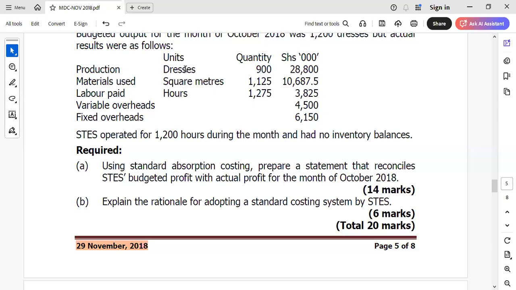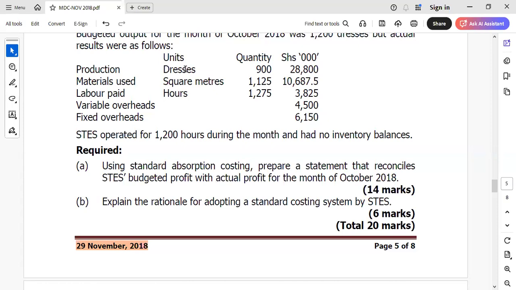As you reconcile, remember, with a reconciliation statement you always need to reconcile what was budgeted against the actual. And how do you reconcile? You will always need to know, first of all, what is the actual profit.